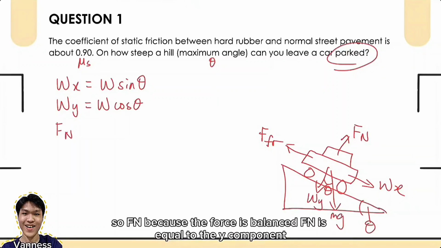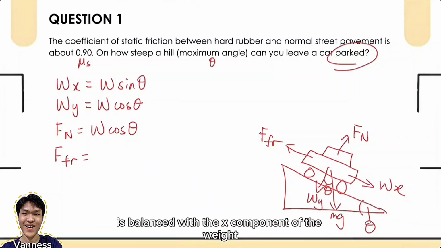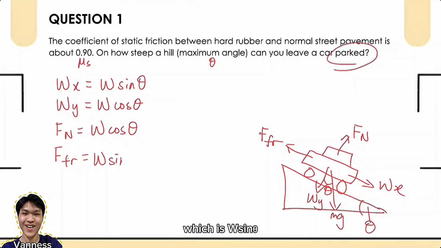So, because the forces are balanced, Fn is equal to the y component, which is w cos theta, and then Fr, the frictional force, is balanced with the x component of the weight, which is w sine theta.